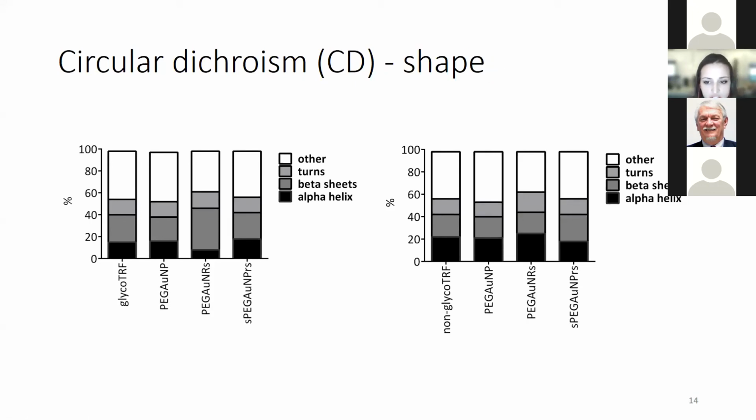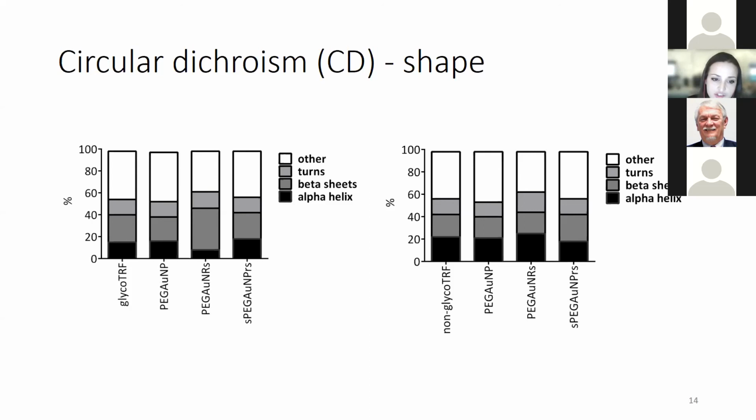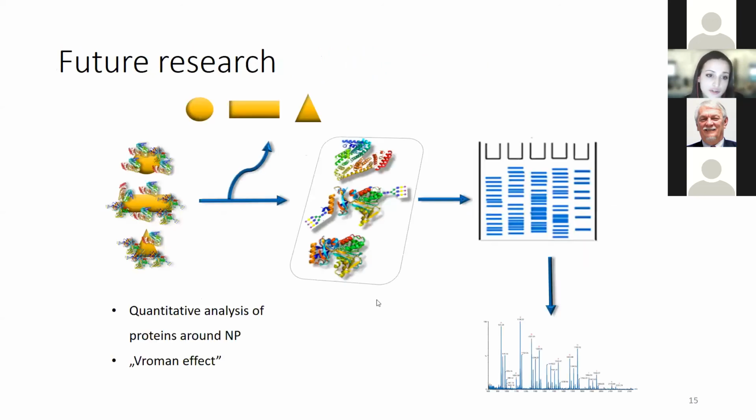And also here we can see that rod nanoparticles cause the biggest influence on structural changes of both transferrins, which may be due to their morphology, because they are cylindrical, and this curved surface might cause bigger changes in conformation when compared to, for example, prisms, which are more planar.